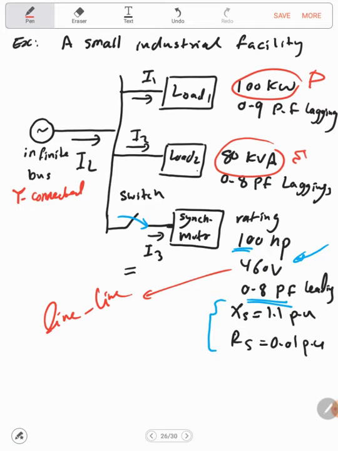The rated power factor is 0.8 leading power factor, and the synchronous reactance and the stator resistance are given in terms of per unit, calculated on the rated condition of the machine.